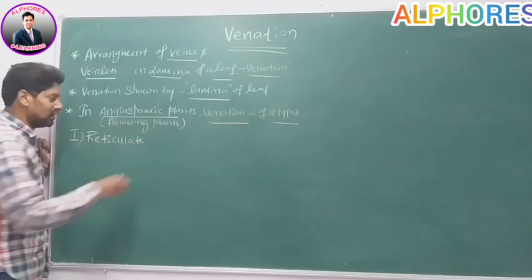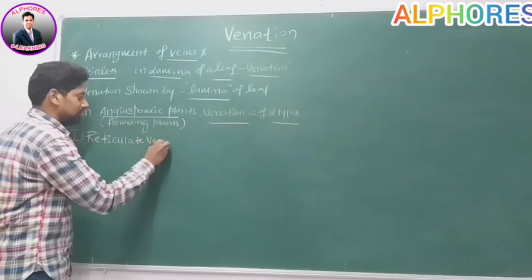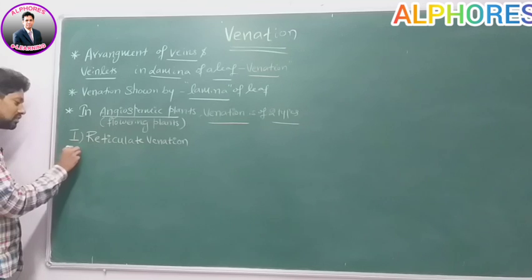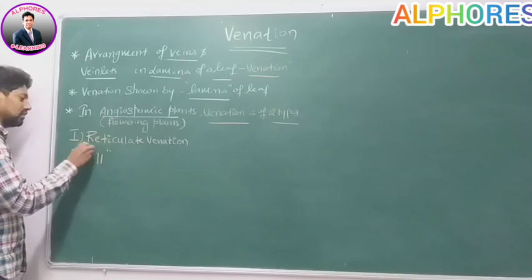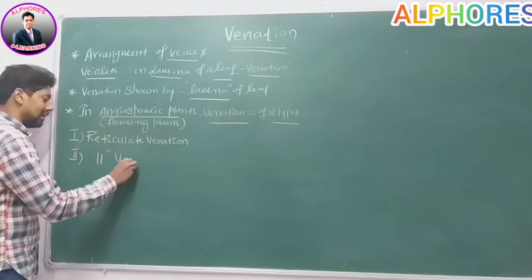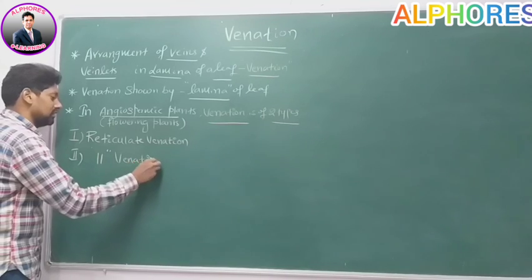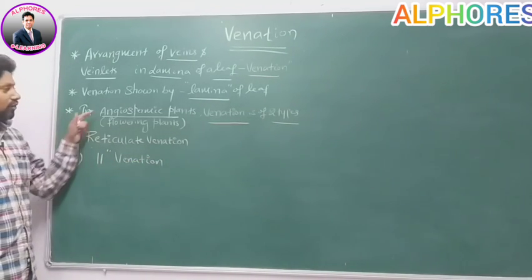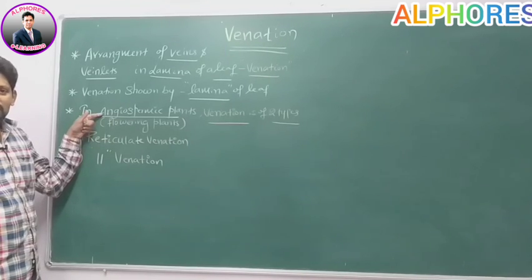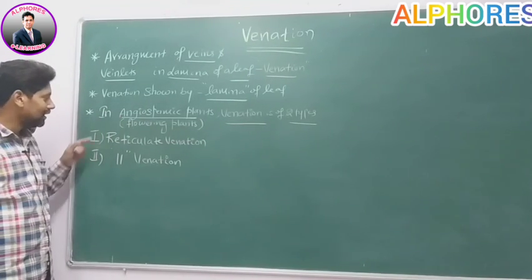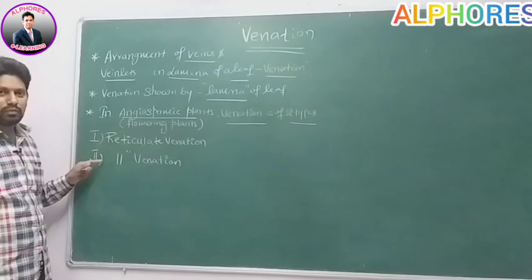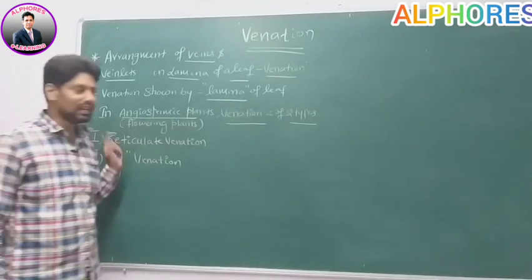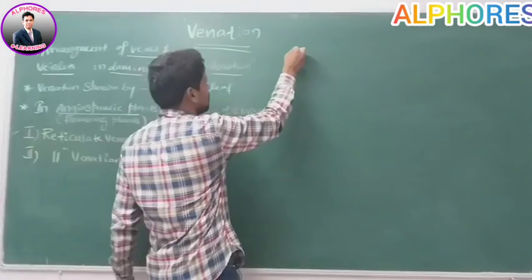First one is reticulate venation. Second one is parallel venation. Just I wrote the symbol here. Therefore, in angiospermic plants, venation is of 2 types. What are they? Reticulate venation and parallel venation. Shall we go for the first one? Reticulate venation.